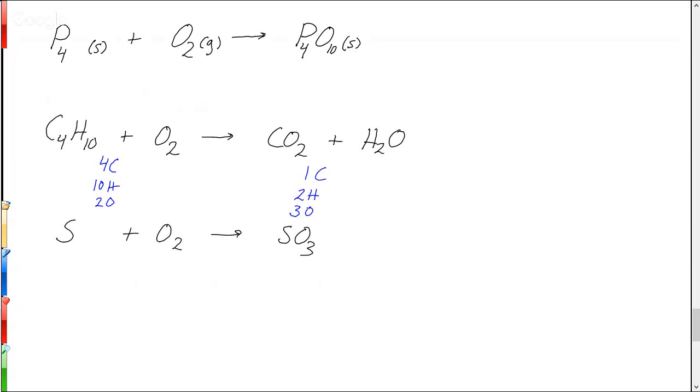So we go through and start balancing. 4 carbon on the left, 1 on the right. So we can put a 4 here so that those balance. That also changes the oxygen. So we now have 9.